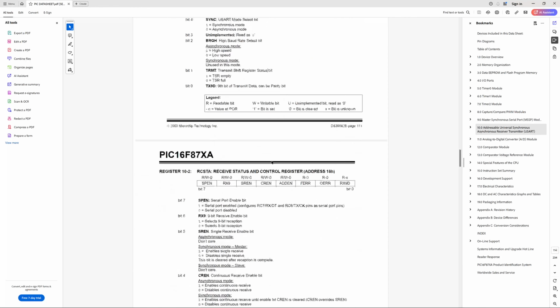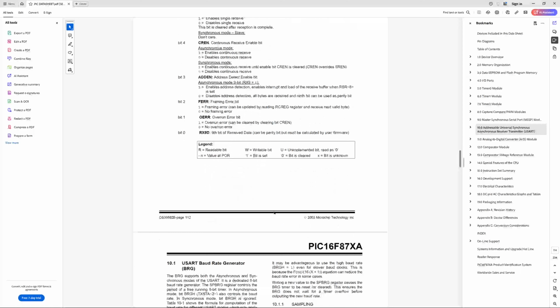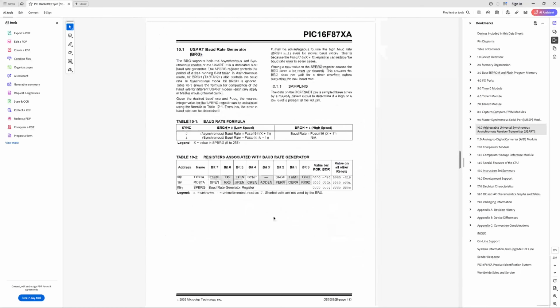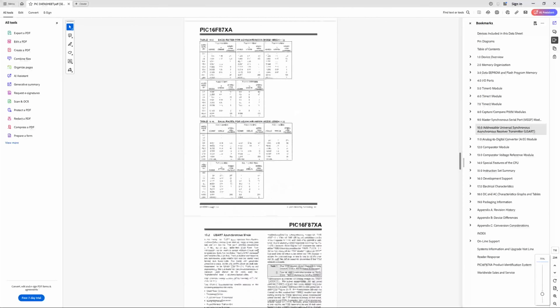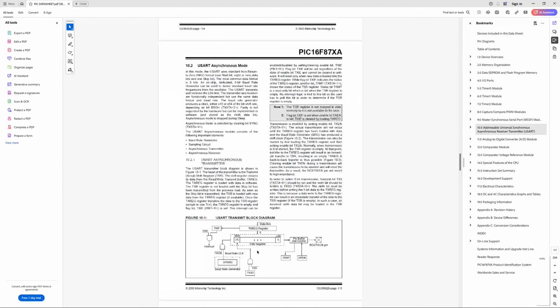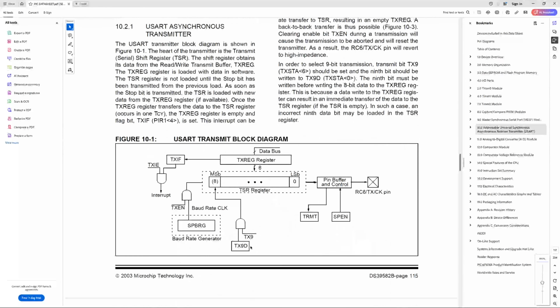If you want to learn deeper about this UART, you can always go down and you will see one block diagram. Here you can see what TSR is. TSR is a transmit shift register. Whenever you want to send particular data, you write that data to the TXREG register. Then it reaches the TSR register.